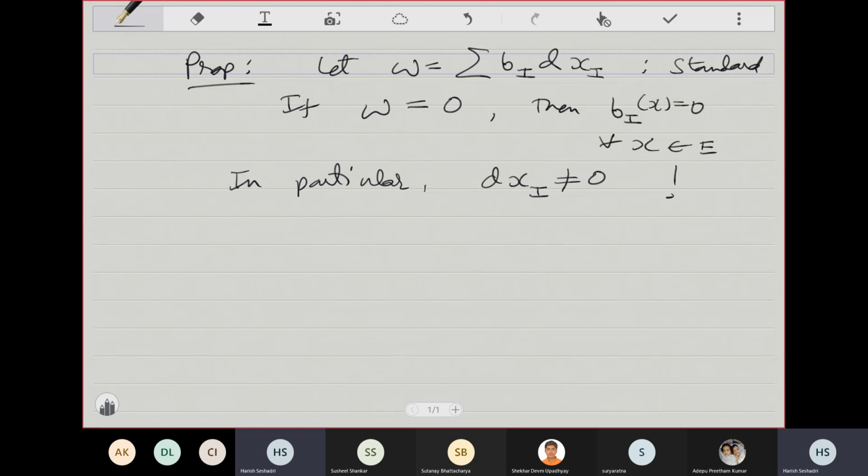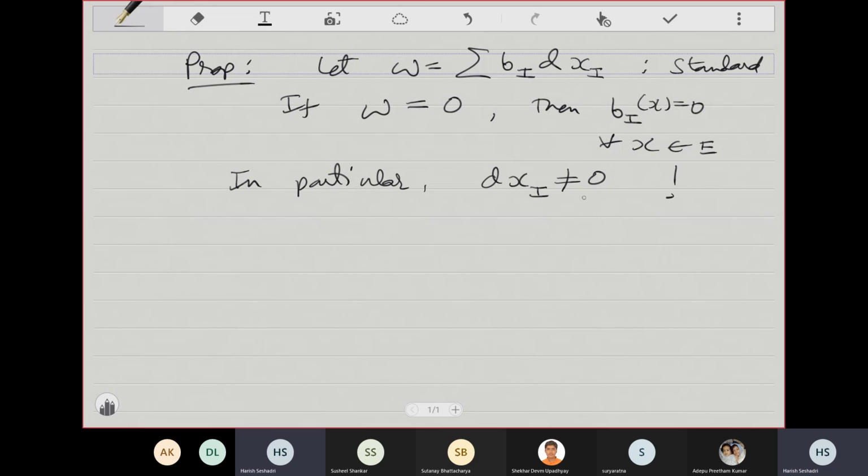Now, these statements, both the main statement and this "in particular" thing, as usual, should be understood only in terms of their action. After all, the only meaning a differential form has is how it acts on a k-surface. So from that point of view, this statement should be understood as: dxi is not 0.